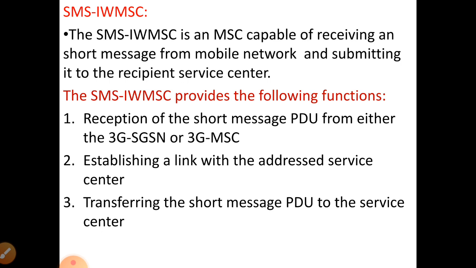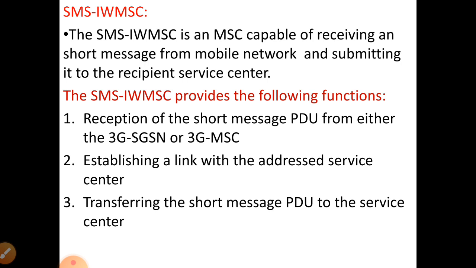In the previous case, we collected the message from the service center and delivered it towards the user equipment. But with the interworking mobile switching center, we collect the message from the user equipment, and based upon the routing information, the message is delivered to the service center. The function is the reverse operation. So now the functions.